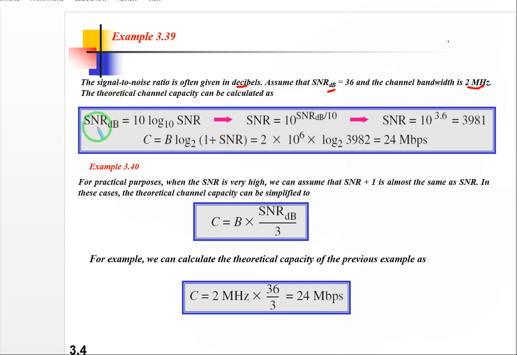The formula is: signal to noise ratio in dB is 10 log base 10 of the signal to noise ratio. So you have 36, put 36 here.